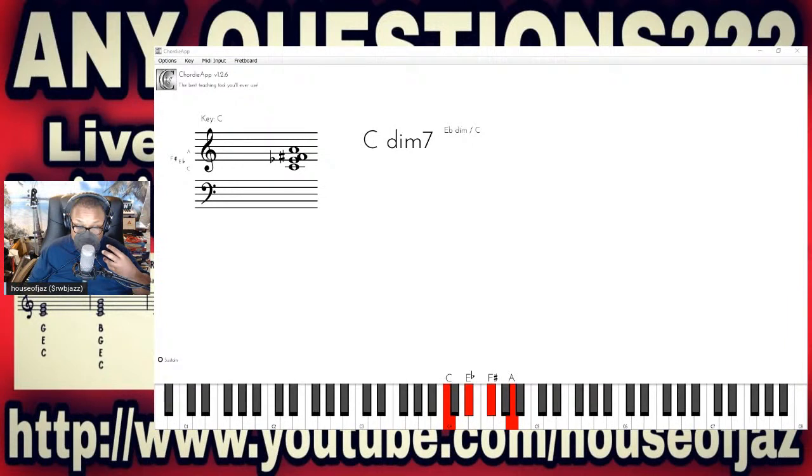Now, there are plenty of songs where you will see, usually on the chord sheet or even in sheet music, it might just say flat 5. If you see something that says C minor flat 5 or something like that, that's just another way of saying half diminished, okay? So here we go.